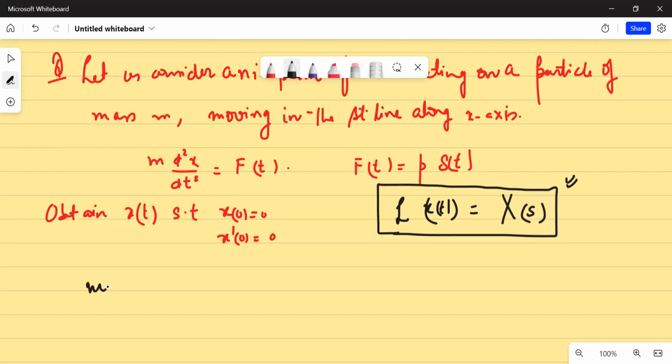Okay, so I'll write it here. Laplace transform of f double dash is equal to what?